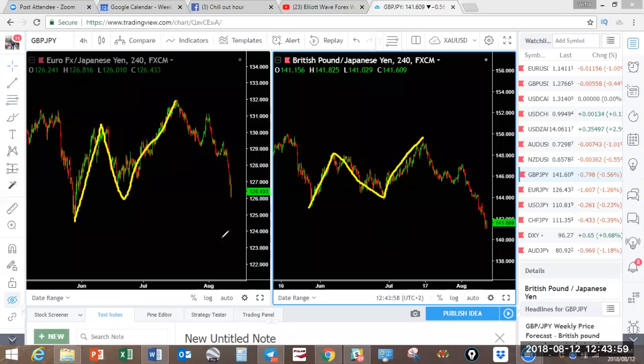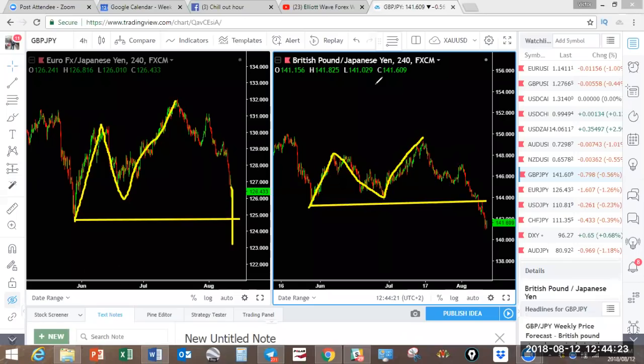So the interesting thing between these two pairs is that pound yen has already broken this low. Euro yen has not broken that low. So you would expect that euro yen will also come and break the low and follow the same structure as pound yen for further downside.